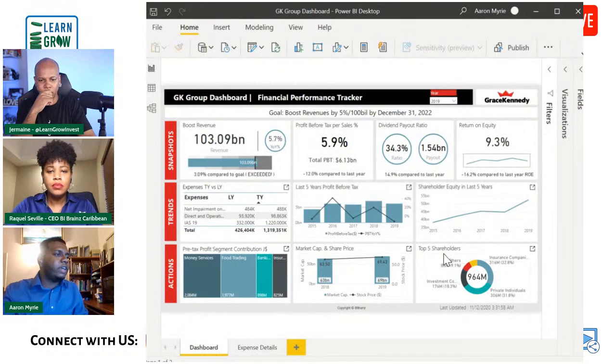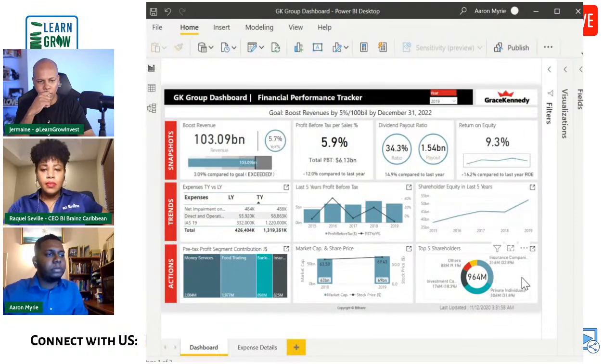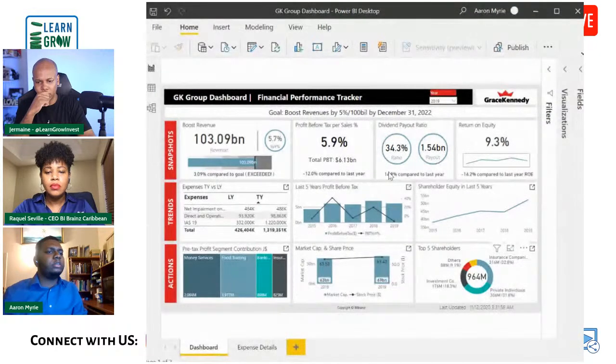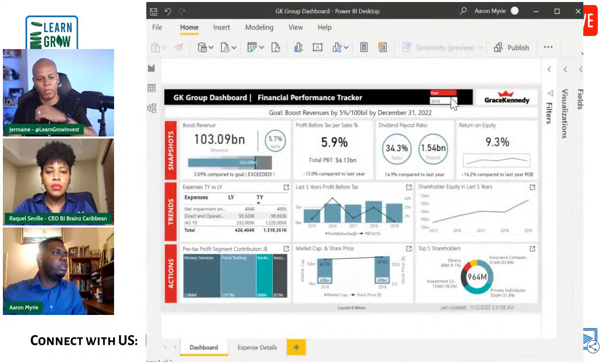Then next we look at the top 5 shareholders. So these are the different portfolio of the top 5 shareholder. The highest came from the insurance companies, insurance companies and trust companies and pension funds. And that's an overview of the GK dashboard.